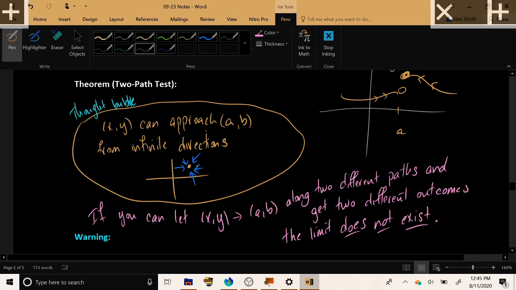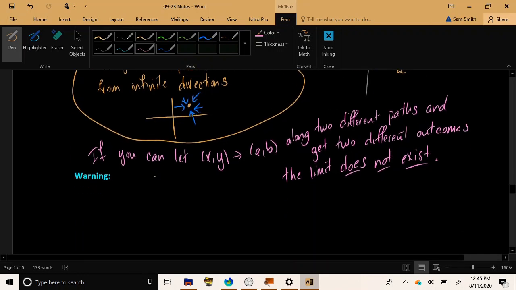If I approach the point AB from the top right, and then I approach the point AB from the left, and those two different approaches give me two different outputs for my function, the limit definitely cannot exist. You know for sure the limit does not exist.